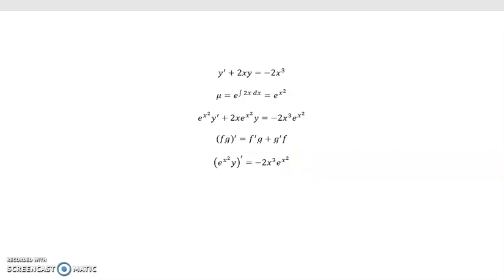Now, in order to solve this, I can now integrate both sides with respect to x. On this side, that's just going to cancel the prime because I'm taking the derivative here with respect to x. And then I will actually have to do the integration on this side of the equation in order to solve the problem.